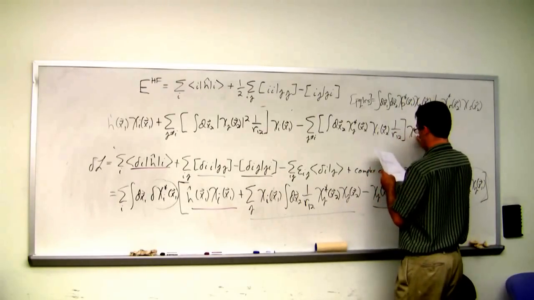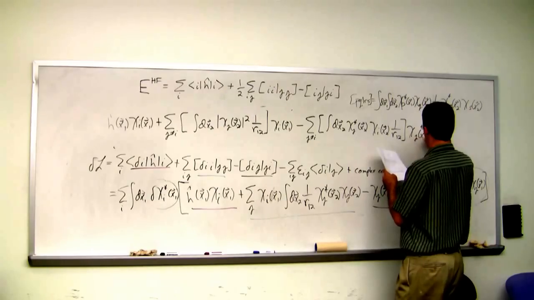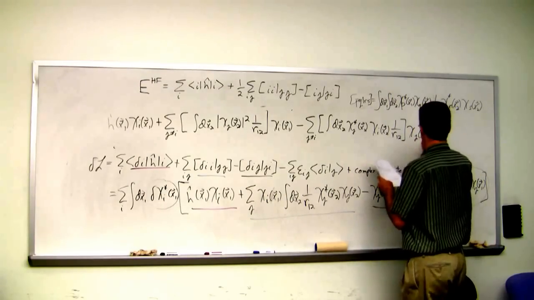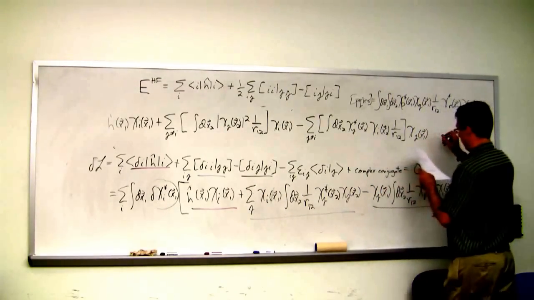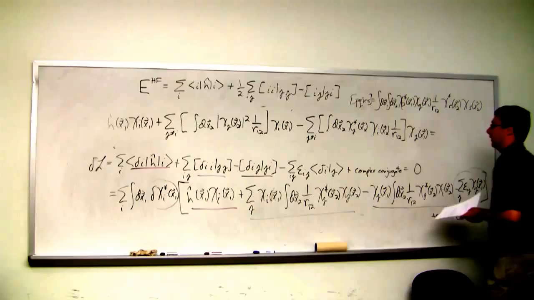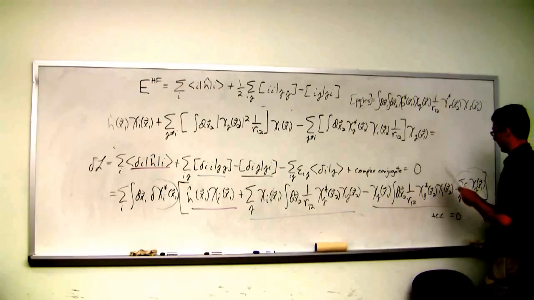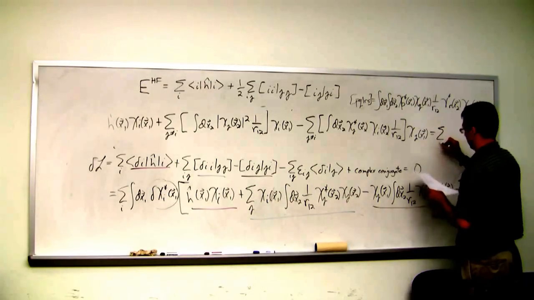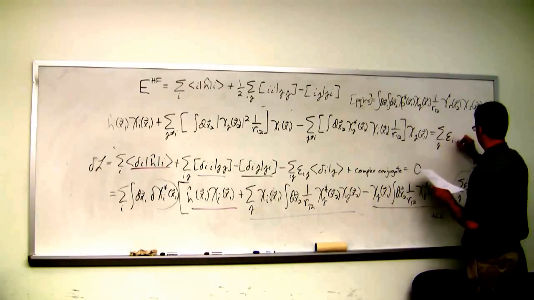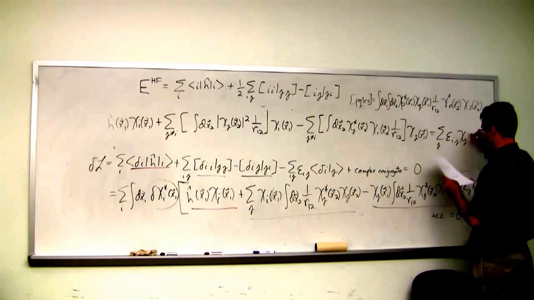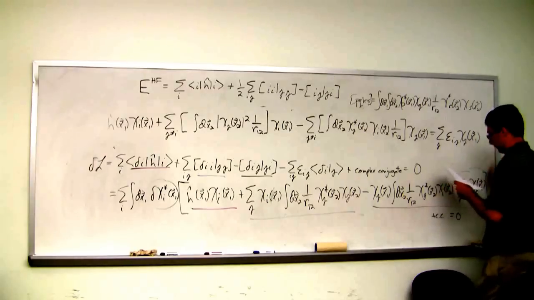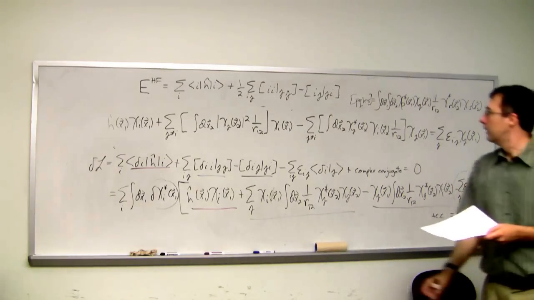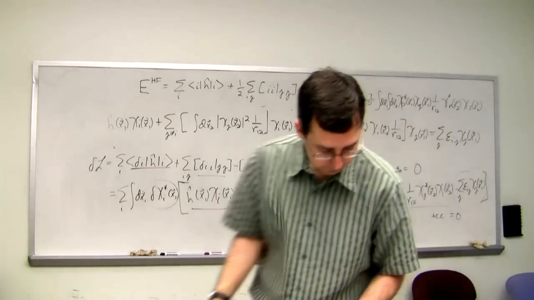All that applies to chi j of x1. And that stuff equals, because I'm pulling this over to the right-hand side now, the sum over j of epsilon ij chi j.